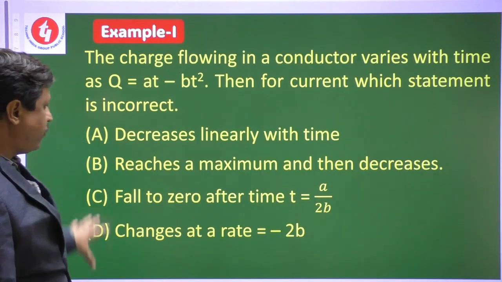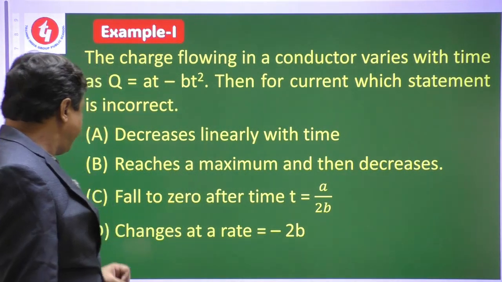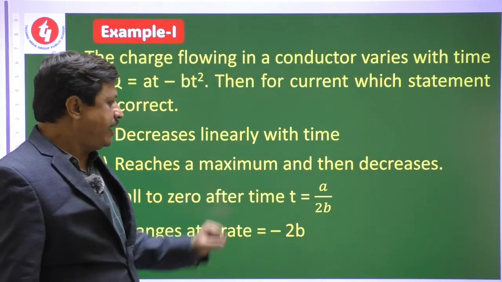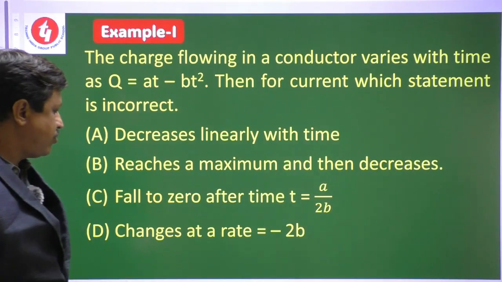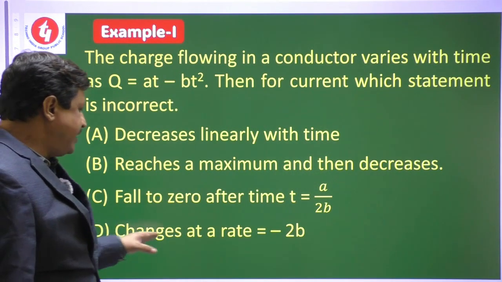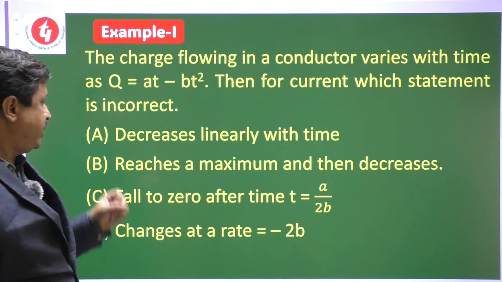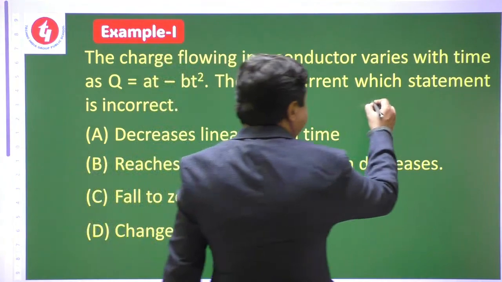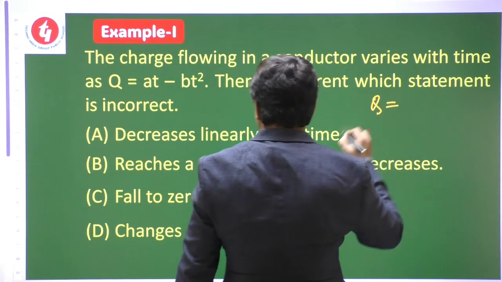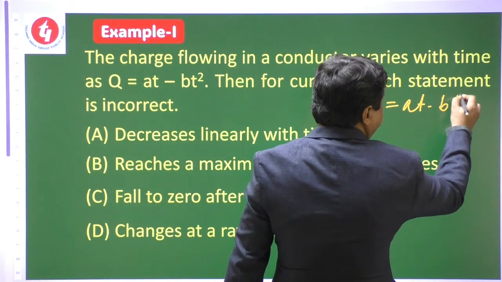There are four statements: it decreases linearly with time; it reaches a maximum and then decreases; it falls to 0 after time t = a/2b; and it changes at a rate of -2b. Which of these are the correct statements? Here q is given as q = at - bt².